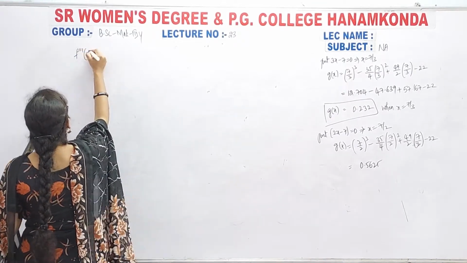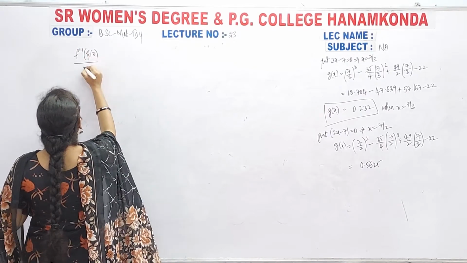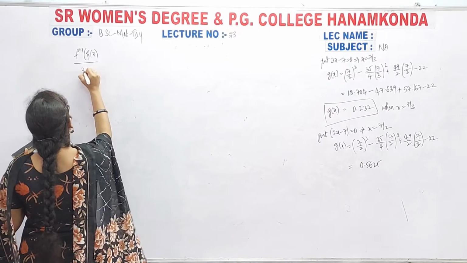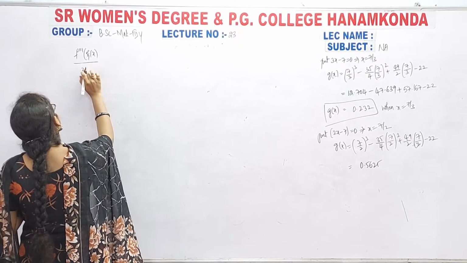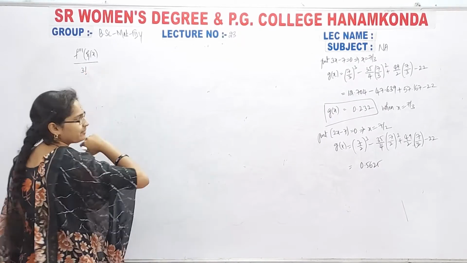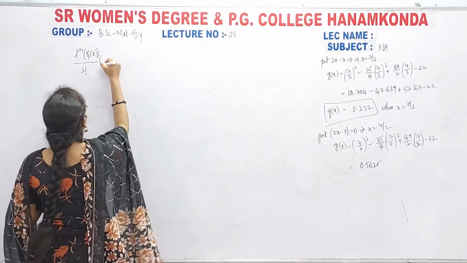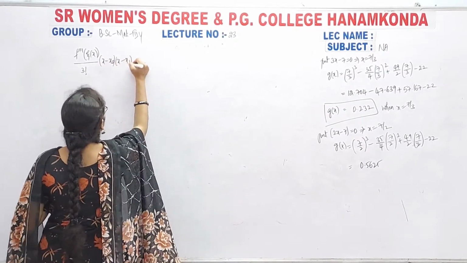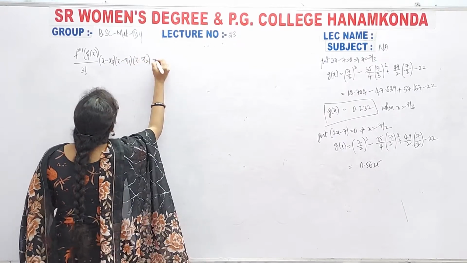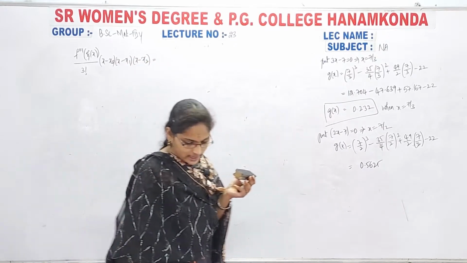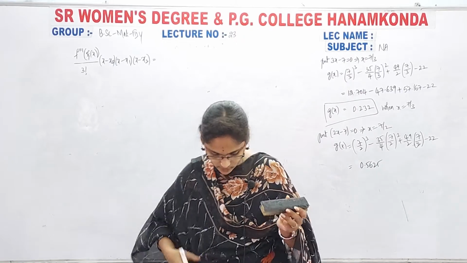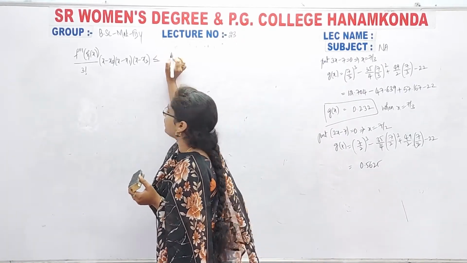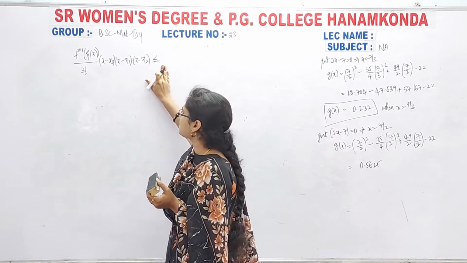F triple dash of xi of x by 3 factorial into x minus x naught into x minus x1 into x minus x2. So here I am going to calculate the total value now. So now here what we get? Which is less than or equal to, we have to consider that should be less than or equal.